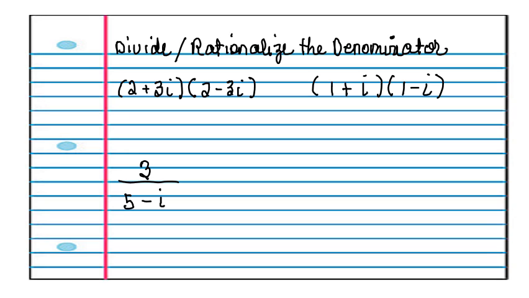Dividing or rationalizing the denominator with our i numbers is a lot of what happens when we have a radical. We have to do that difference of 2 squares thing.